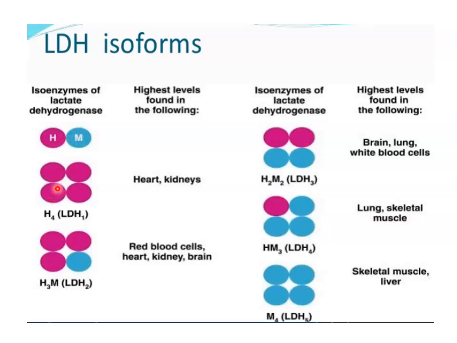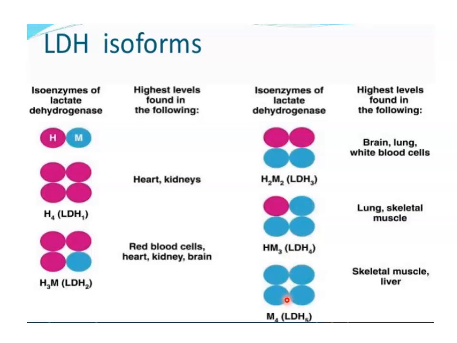If you see this LDH1 isoenzyme, it is mainly made up of 4 H subunits. LDH2 is made up of 3 H subunits and 1 M subunit. LDH3 is made up of 2 H subunits and 2 M subunits. LDH4 is made up of 1 H subunit and 3 M subunits.